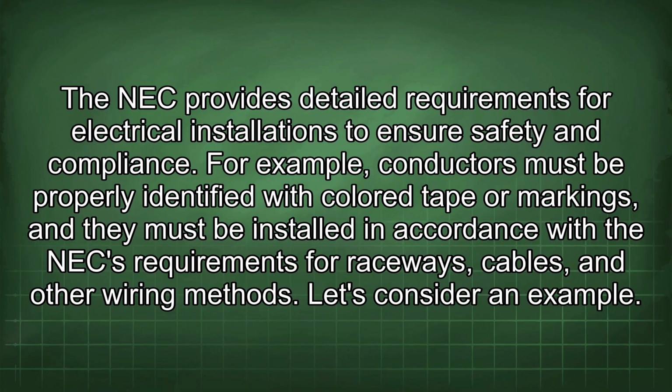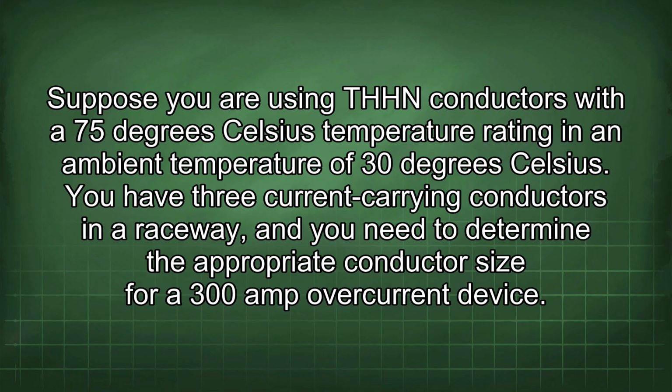Let's consider an example. Suppose you are using THHN conductors with a 75 degrees Celsius temperature rating and an ambient temperature of 30 degrees Celsius. You have 3 current-carrying conductors in a raceway, and you need to determine the appropriate conductor size for a 300 amp overcurrent device.